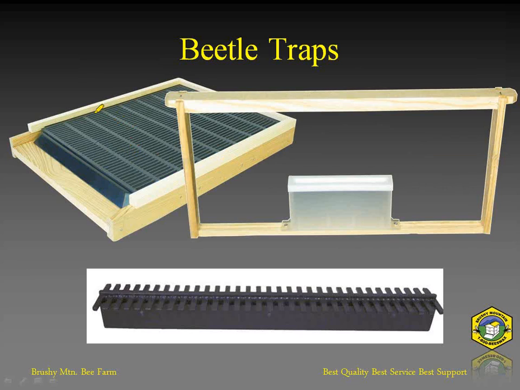The bees chase the beetles. They dive down in through these slots and get into that vegetable oil and drown. Now, there's some problems with this trap. Your hive needs to be almost perfectly level, otherwise you'll get vegetable oil running out the corners or the front or maybe the back of the trap and making a terrible mess.